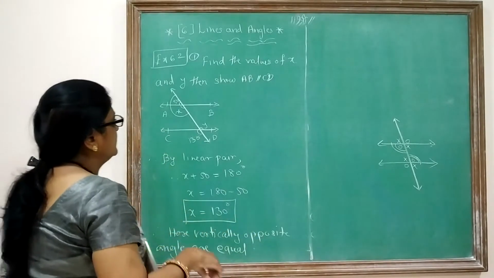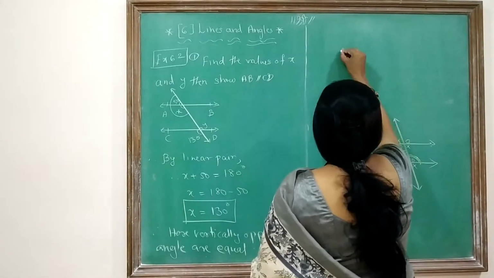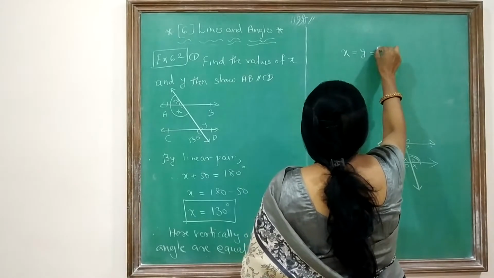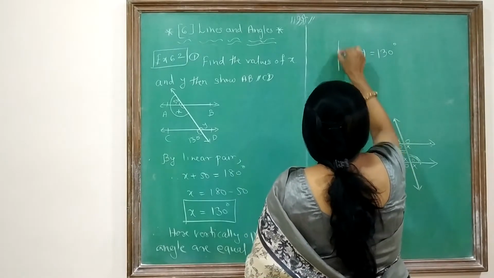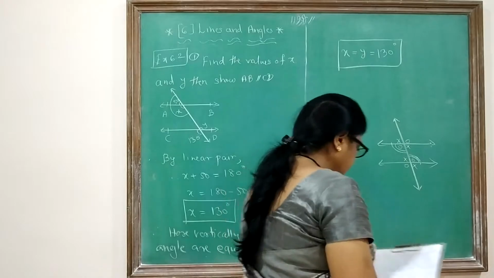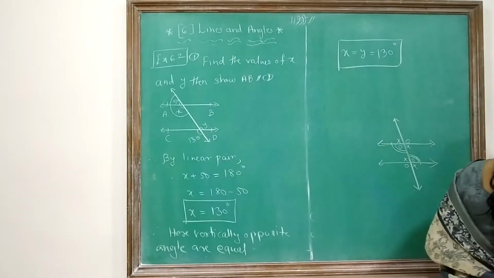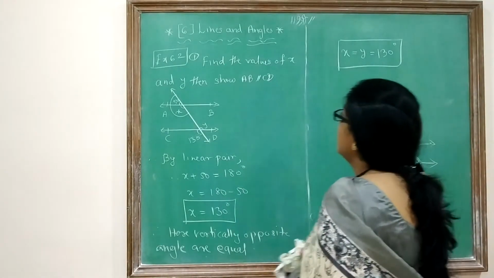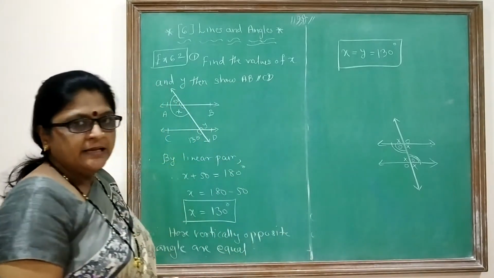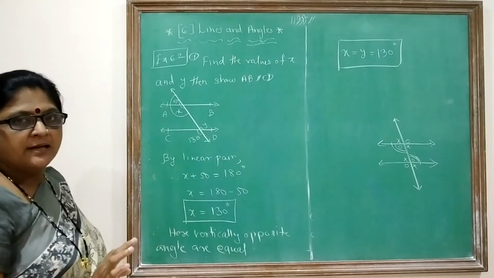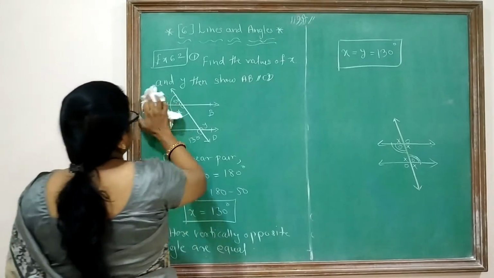Then x is 130, and y is also 130. So x equals y equals 130 degrees. Then your question is completed. This means that alternate angles are equal, and this is your final answer. Then see the next example.